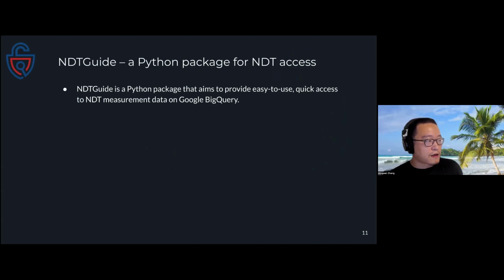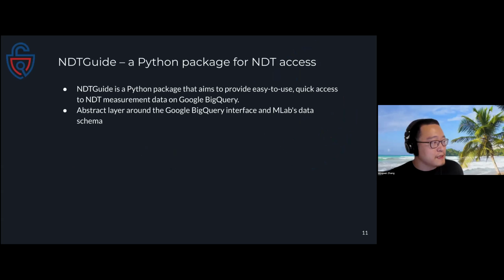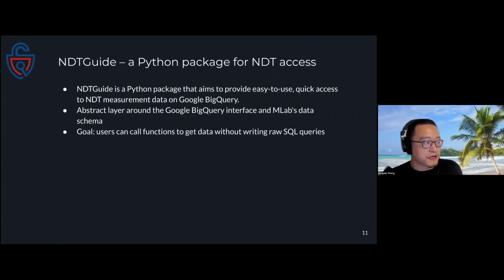So on a very high level, NDTGuide is a Python package that aims to provide easy to use and quick access to NDT measurements data on Google BigQuery. It is essentially an abstraction layer, or a wrapper, around Google's BigQuery interface and the MLab data schema.